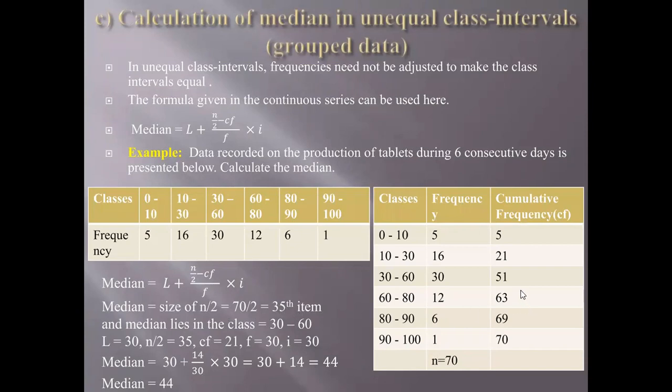The 35th item comes under the class interval 30 to 60. So here the lower limit will be 30, N by 2 will be the 35th item, the previous cumulative frequency is 21, and f is equal to 30. The width of the class interval is 30. So by putting all these values, we will be getting 30 plus (14 divided by 30) into 30, which gives 44 as the median.